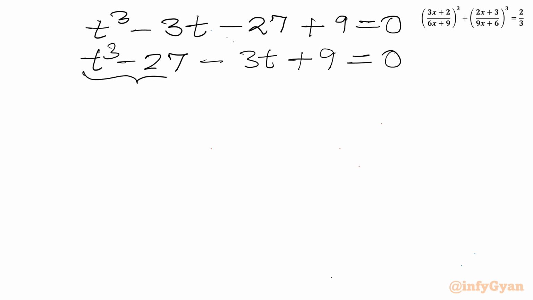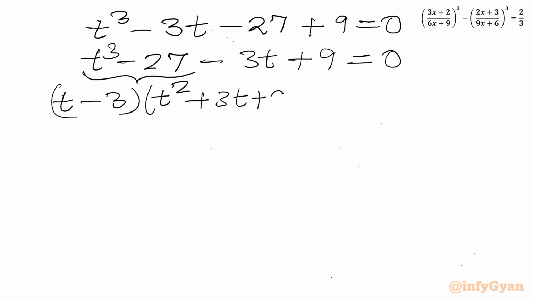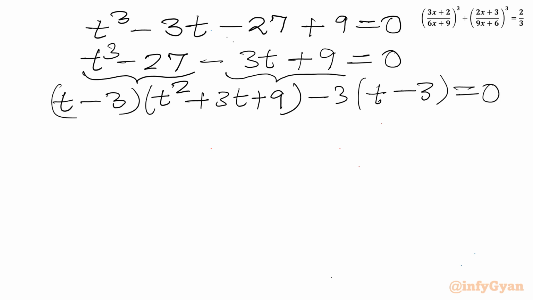Now here I can apply the a cube minus b cube formula. 27 is 3 cube. So t minus 3, in the other bracket t square plus 3t plus 9. And here I will take minus 3 common. So in bracket t minus 3 equal to 0.